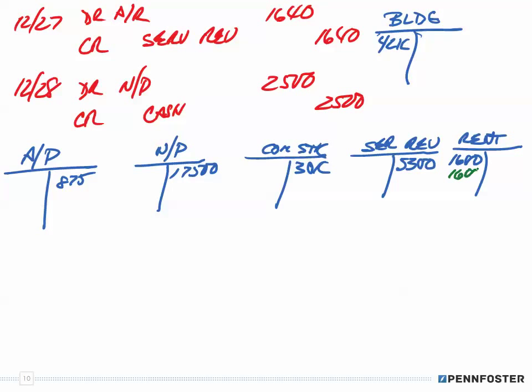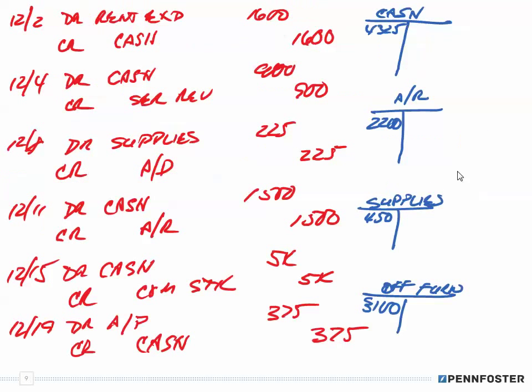Now, I would normally put in the date here, 12/2, but I'm not going to because of space. So I put my debit here, and that means now I have to make my post to cash. My post to cash here is $1,600 on the credit side, and I would normally put in the date so that I can identify it.